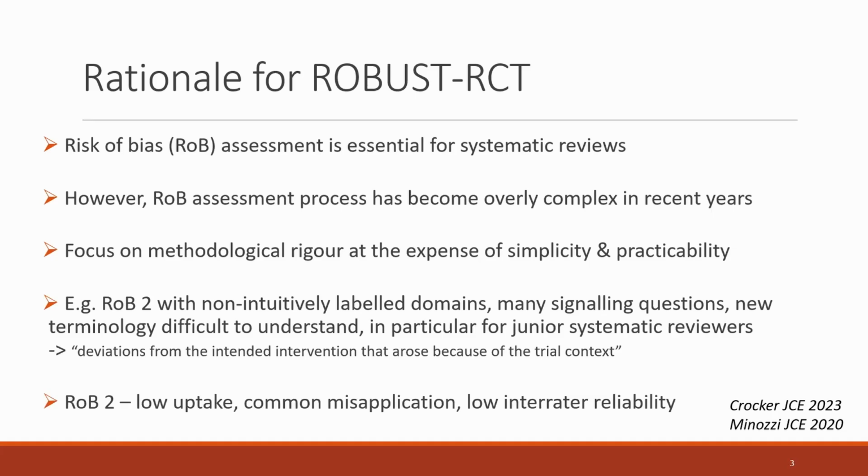In the literature, you can find studies that associate ROB 2.0 with a low uptake outside of the Cochrane environment, so in non-Cochrane systematic reviews. That misapplication is relatively common and that it has a quite low inter-rater reliability.